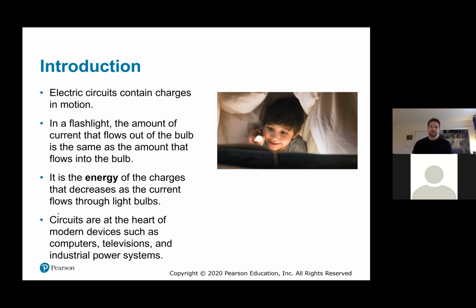Current and circuits. Electric circuits are crucial. Our first module is about electricity, and it's circuits that are really the big news here.